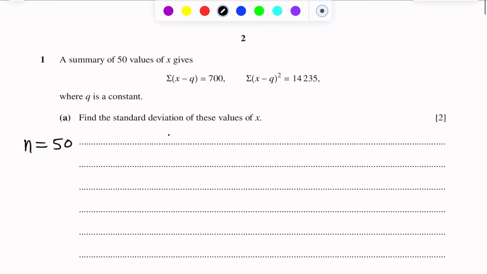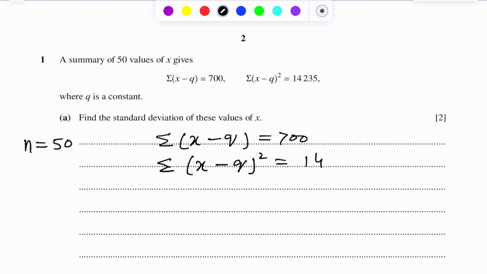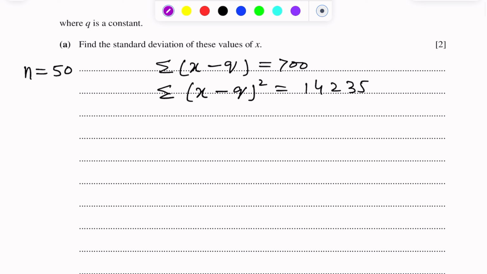These are the equations. Summation x minus q is equal to 700 and summation x minus q whole square is equal to 14235. We will use a suitable substitution here.